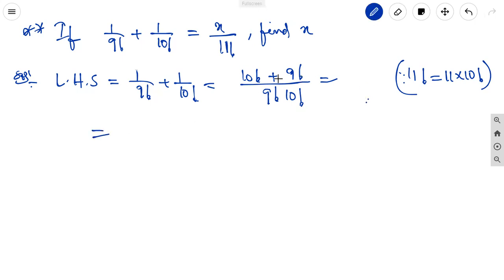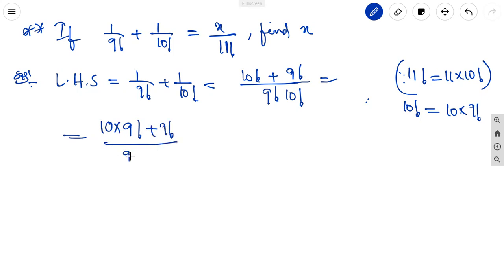It is equal to, in the numerator, we can take the 9 factorial. Here 11 factorial can be written as 11 into 10 factorial. In the same way, 10 factorial can be written as 10 into 9 factorial. Here 9 factorial is there. So 10 factorial can be written as 10 into 9 factorial, plus 9 factorial, by 9 factorial into 10 factorial.